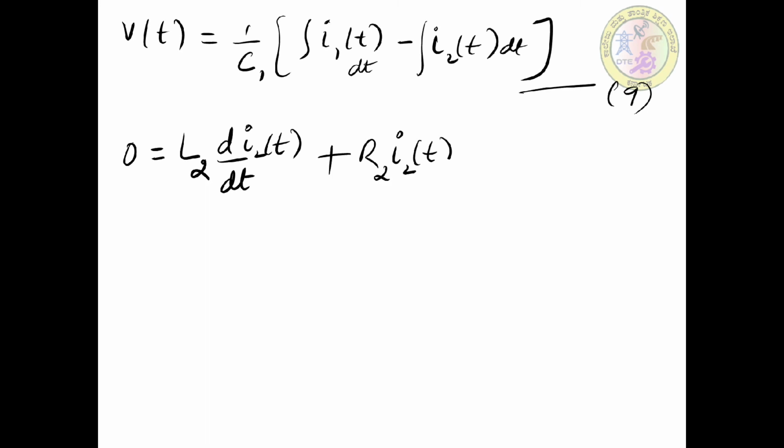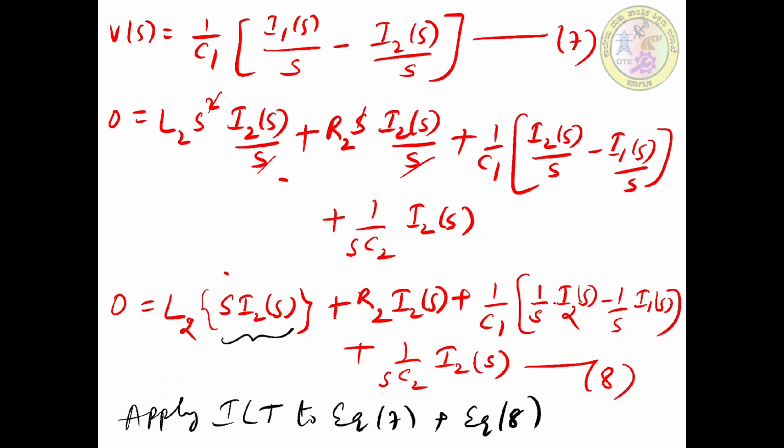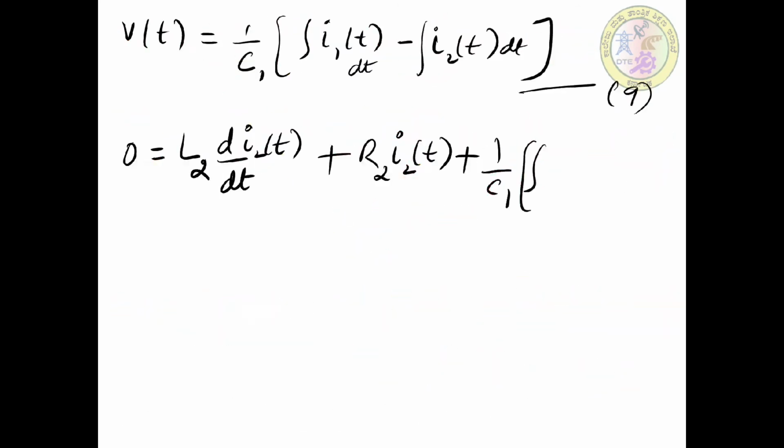I2 of t. Plus next we have the capacitor 1 by C1. Now here, see, the difference is I2 minus I1. So here also it is integral of I2 of t into dt minus integral of I1 of t into dt.